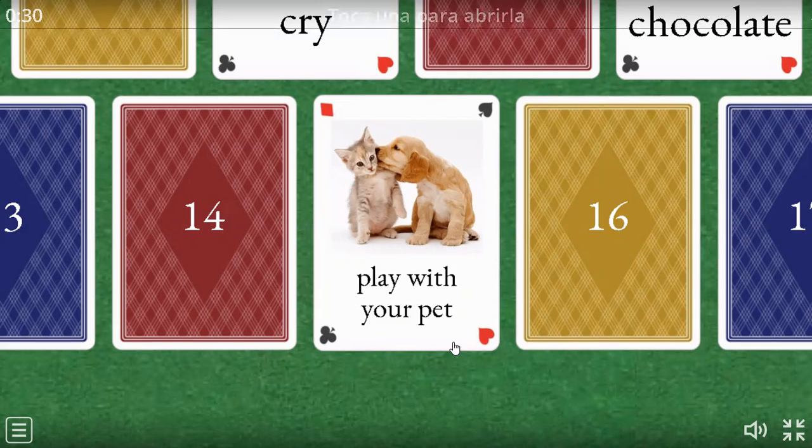I don't know what is a rat. How do we say rata? Mouse? Mouse. Is it white?